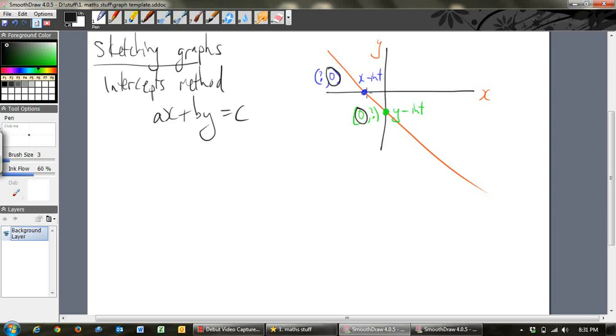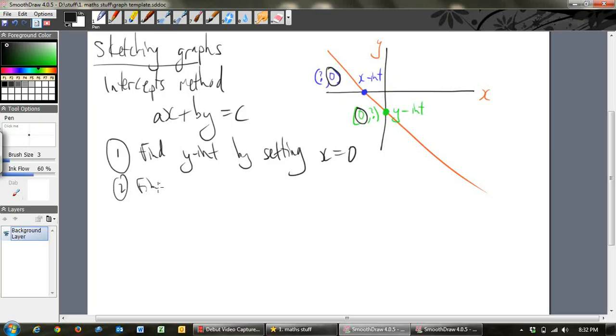That is what this method does. All you need to do is find the x-intercept, find the y-intercept, and draw a line between them, and you're done. So the method is this. Find the y-intercept by setting x equal to 0. If x is equal to 0, what's y equal to?